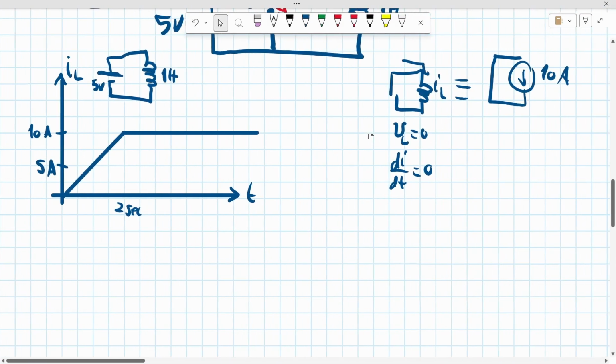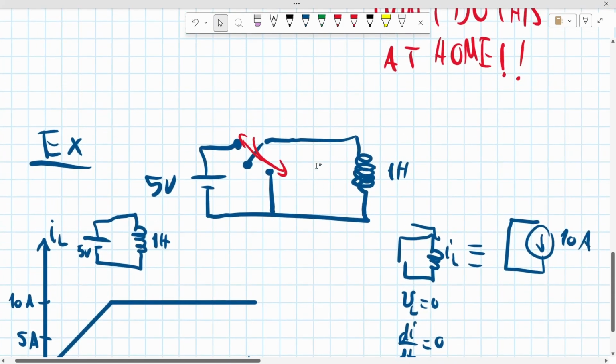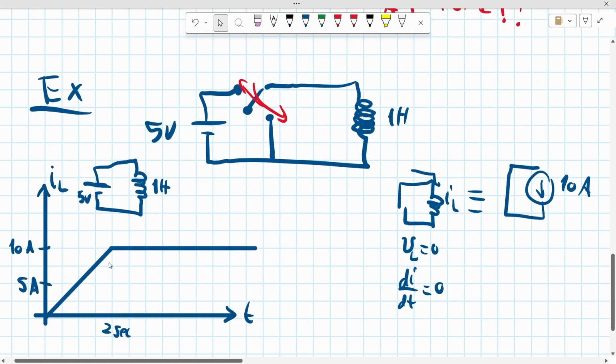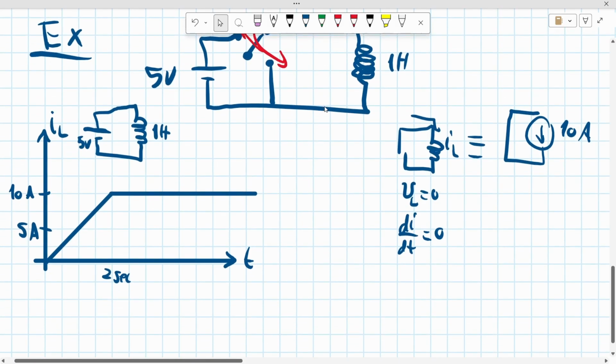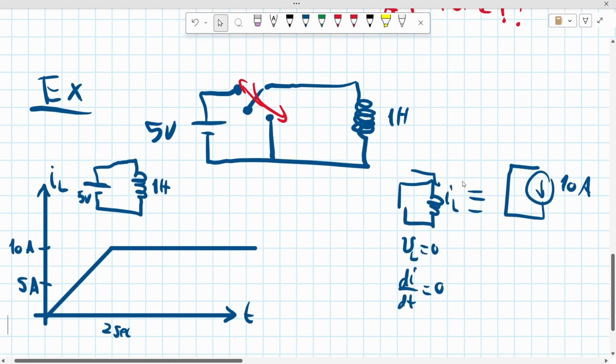Cool. So an inductor connected to some voltage, its current starts ramping up, and if we switch this voltage to zero on the inductor, we make the inductor voltage equal to zero, its current will be kept constant. Unless there is some resistance in this way, it will dissipate this current, but this is not our case. We assume ideal things.